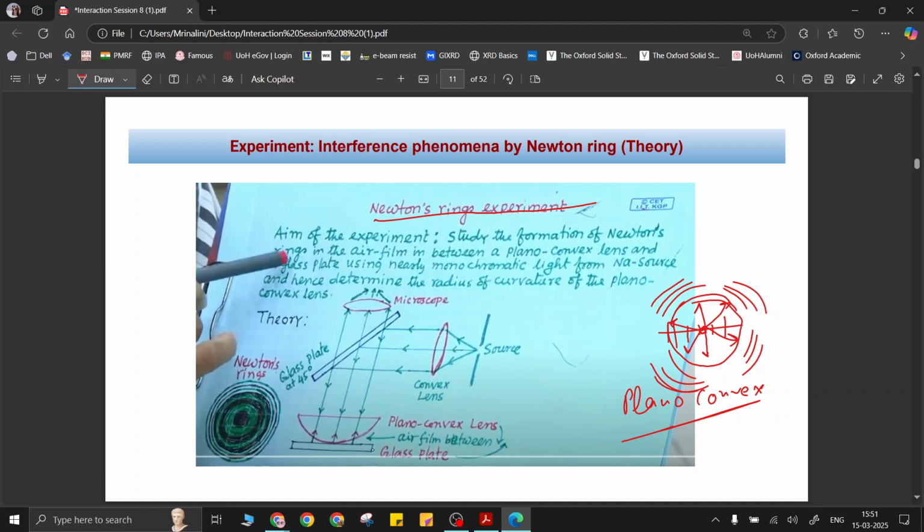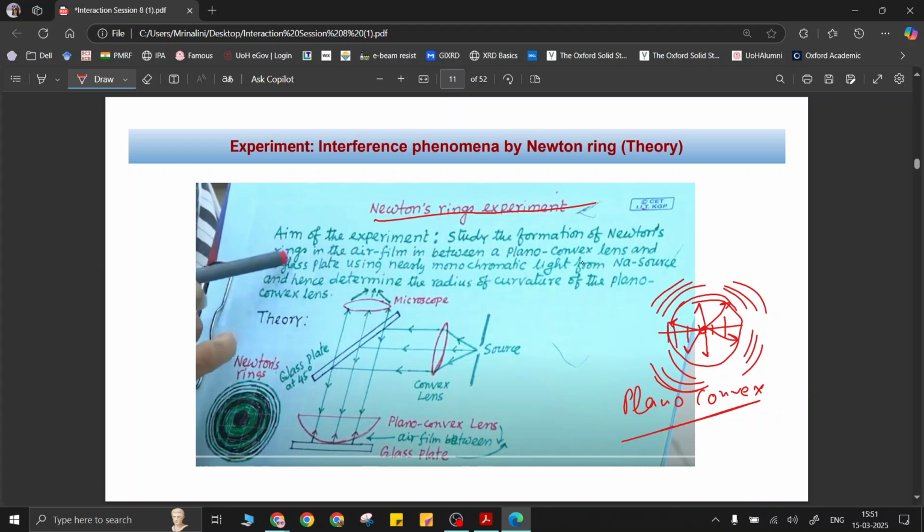This whole setup will give us the concentric circle ring pattern. This is the air film, and this change of medium is important to introduce the path difference, which will ultimately give us interference. So here we have rings in the air film between a plano convex lens and a glass plate.